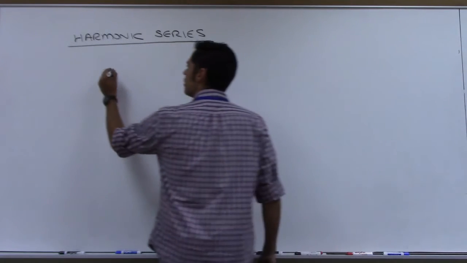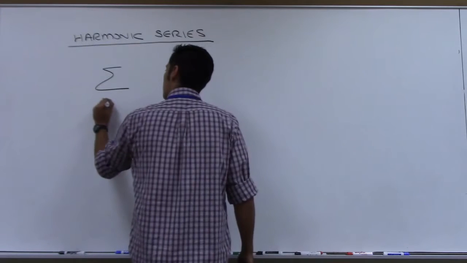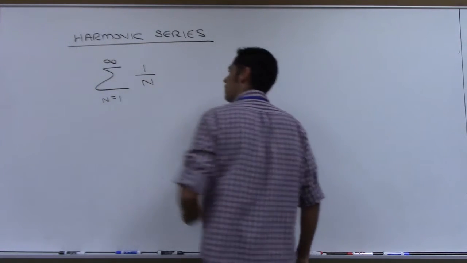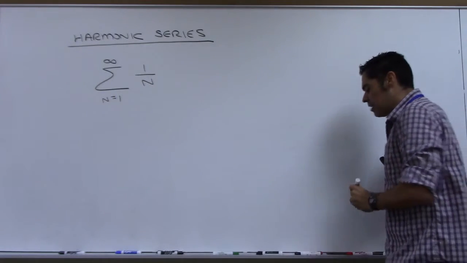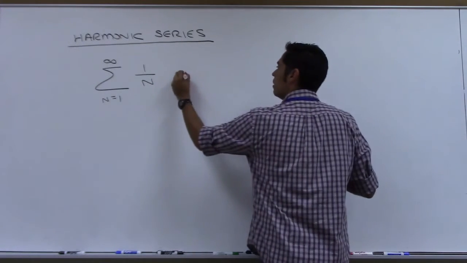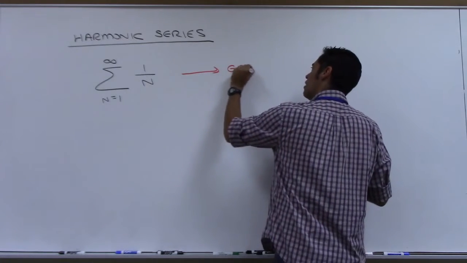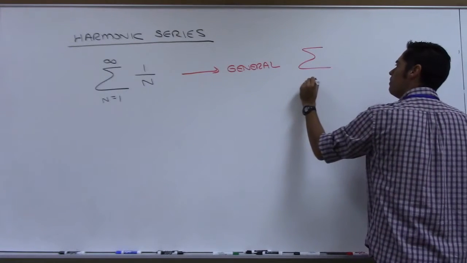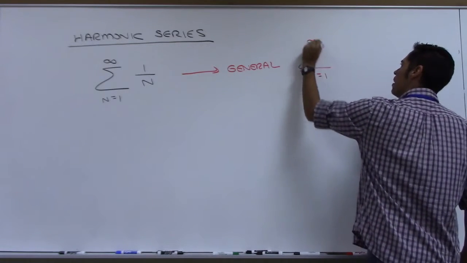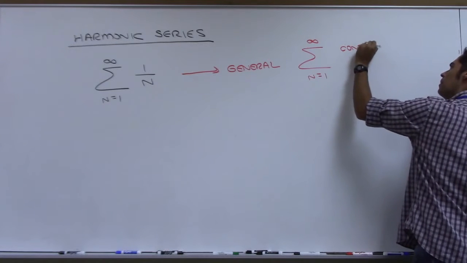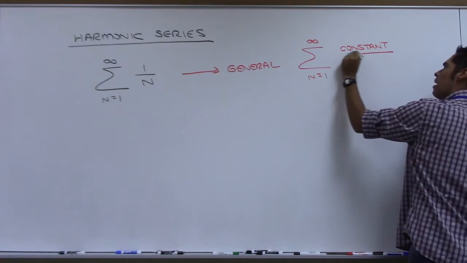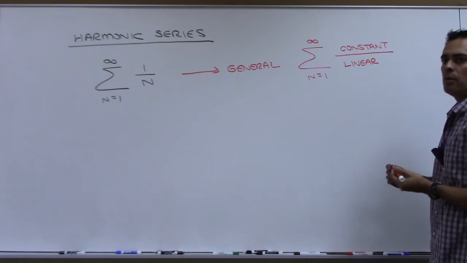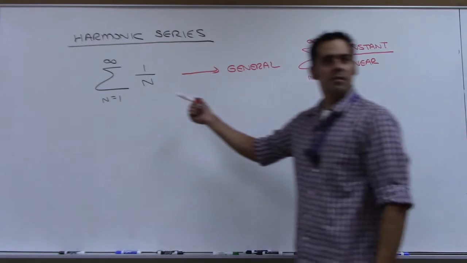So all harmonic series look like this: the sum from n equals 1 to infinity of 1 over n. In fact, we can generalize this. The more general form, and the one that I'll use a lot in this class, is this: it doesn't matter where we start, but if you have a constant on top, and on the bottom you have a linear expression in the variable n, which is what we have here, isn't it?